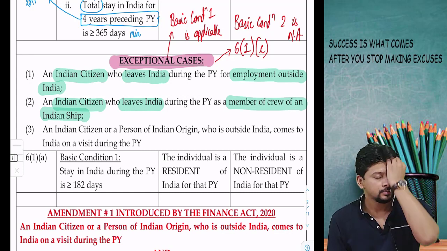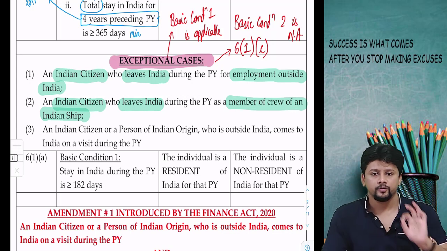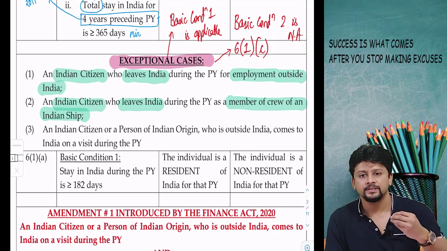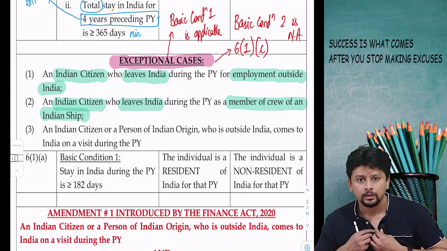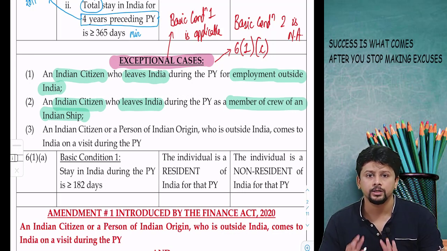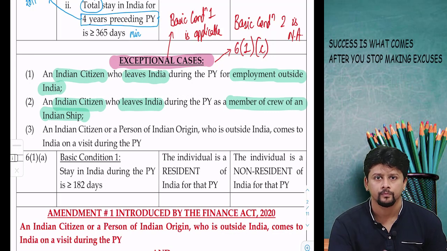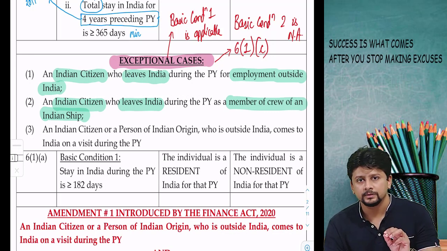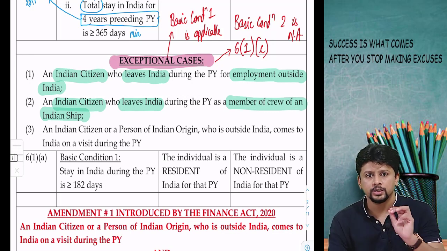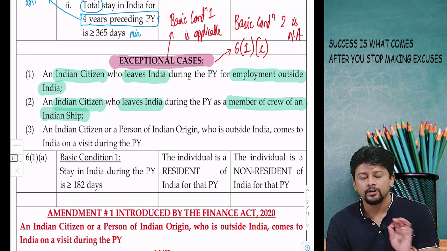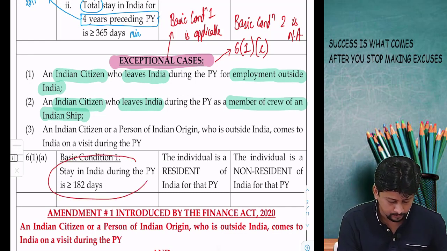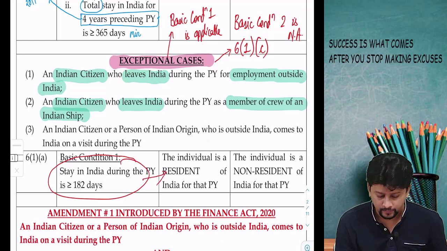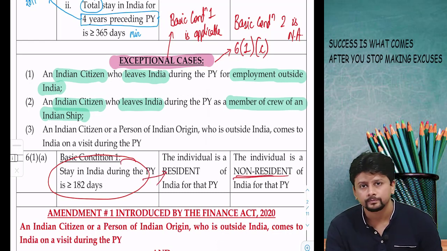The Indian citizen is leaving India either for employment outside India or as a crew member of an Indian ship, so basic condition number 2 does not apply. What applies is basic condition number 1: 182 days or more staying in India, then you are a resident, otherwise you are a non-resident.